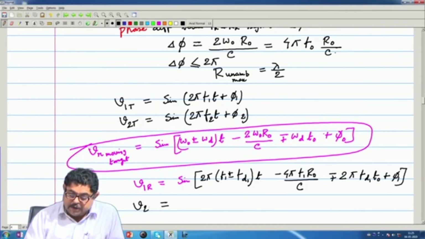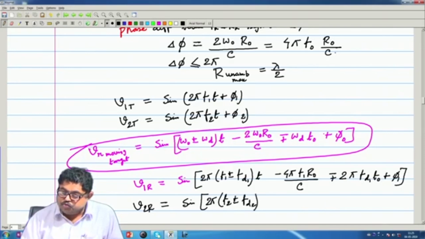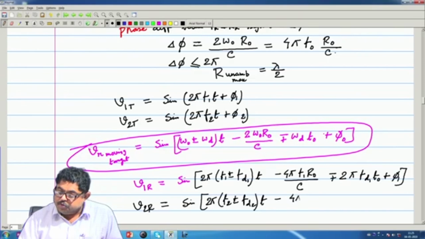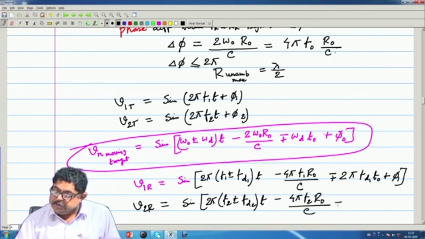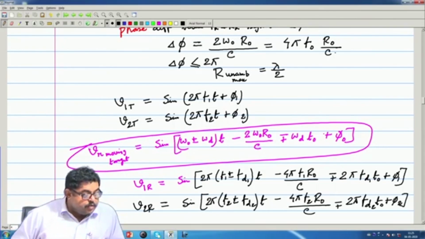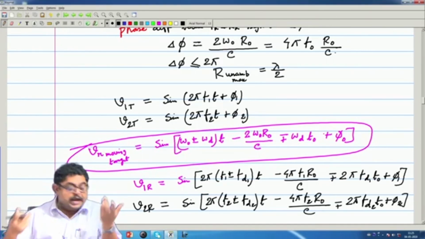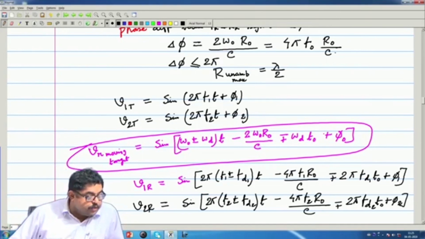And V2R, similarly: sin(2π(F2 ± Fd2)t − 4πF2R0/c ∓ 2πFd2t0 + φ2). R0, that time we defined, is the range at time t = t0.